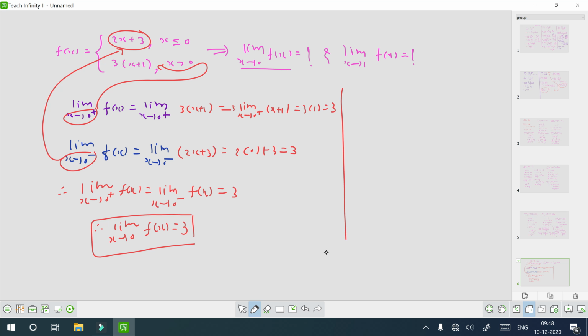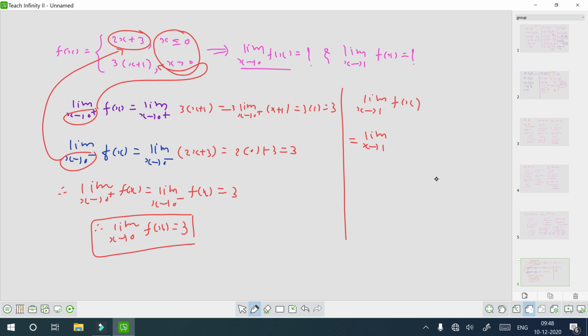Next, our aim is to see limit x tends to 1 of f of x. Now see, as x tends to 1, we know that x is greater than 0. So here there is no need to write the left hand limit and right hand limit, because the inequality is given at 0, but not given at 1.